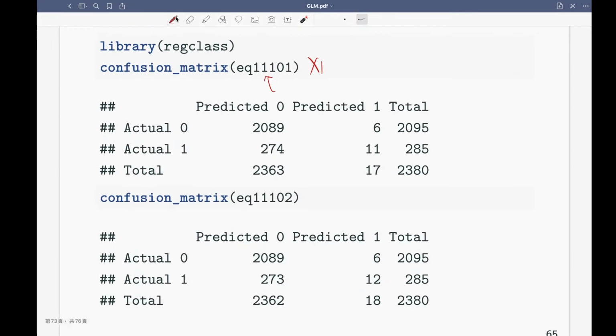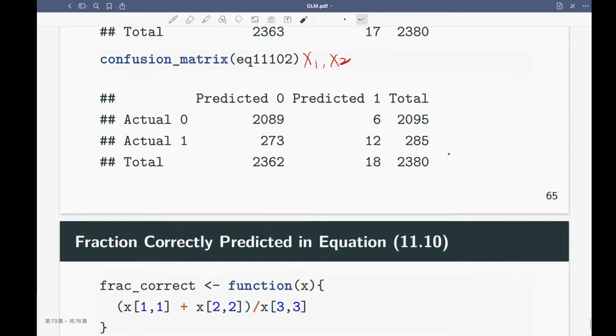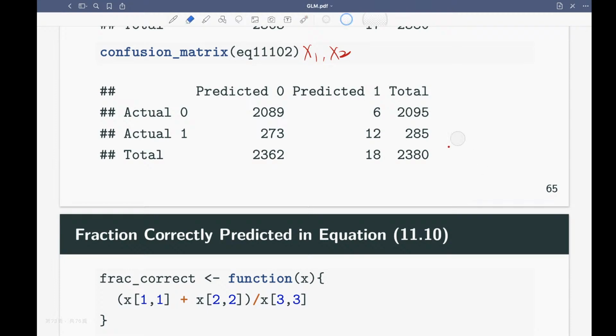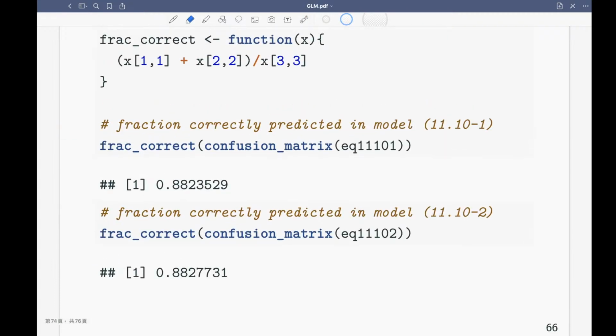And if we use two regressors, the P/I ratio and the BLACK, we find the prediction accuracy increased a little. It's about 88.27%, and at first it was 88.23%.